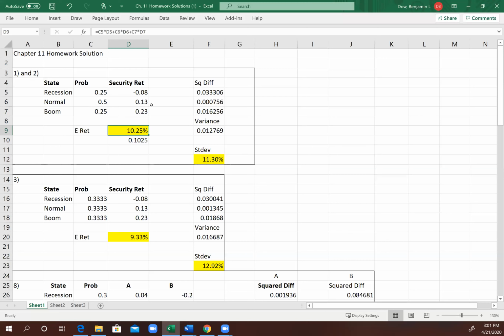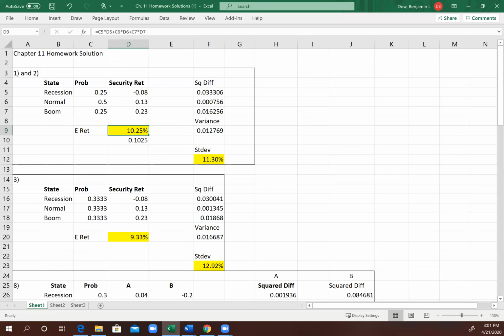This stock would gain 13%. And 25 years out of 100, we'd have a boom, and this stock would earn 23%. So on average, this stock would earn 10.25.